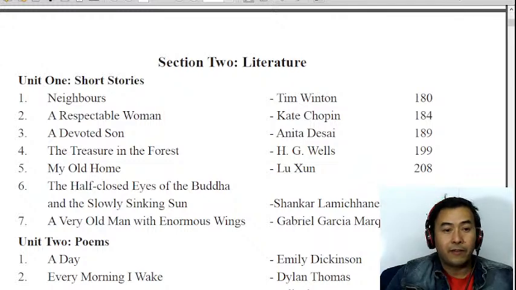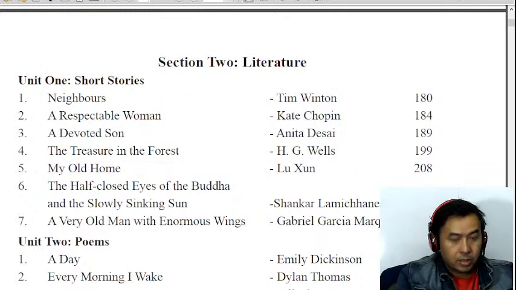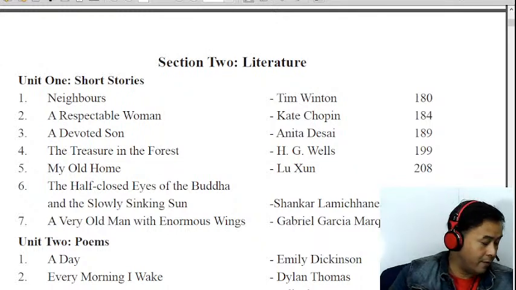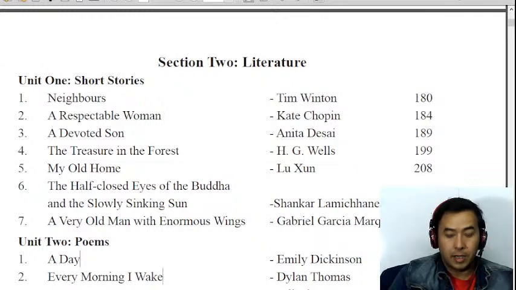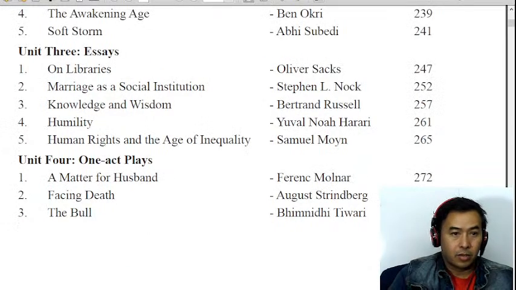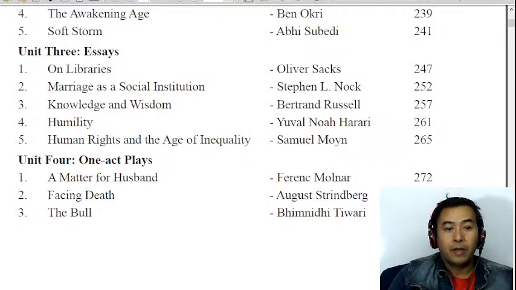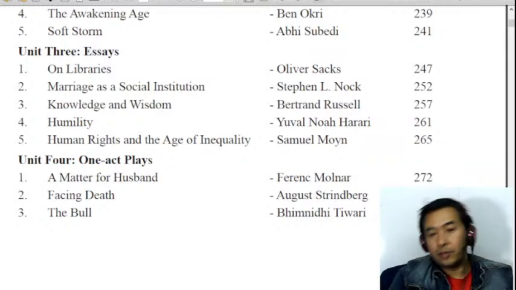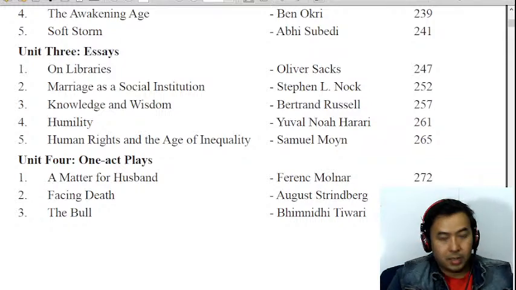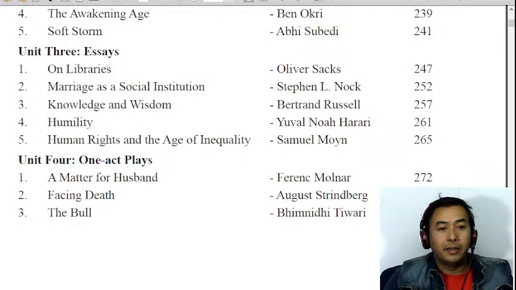Then we have 5 poems, another genre. If you scroll down, we also have 5 essays to learn, sorry, 5 essays. And we have one-act plays, the dramas we were supposed to do in grade 12, and we have 3 dramas this year. So it's actually a very important year.